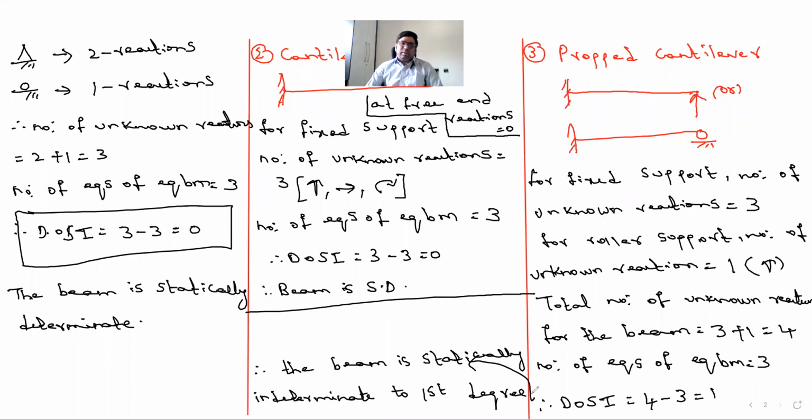Such an important statement this is. So if it is 0, it is statically determinate. If it is 1, first degree. If it is 2, second degree. If it is 3, third degree. Okay. Now I will move on to the next problem associated with this.